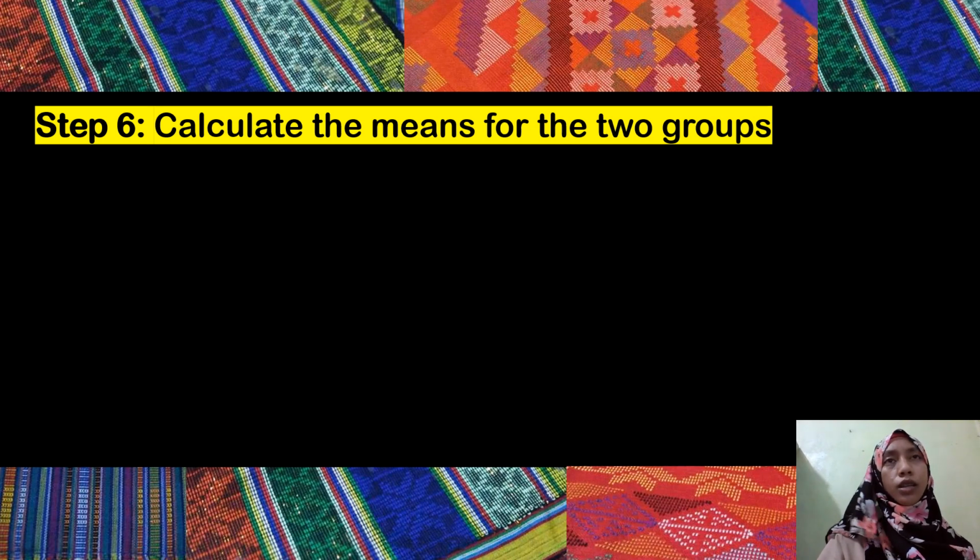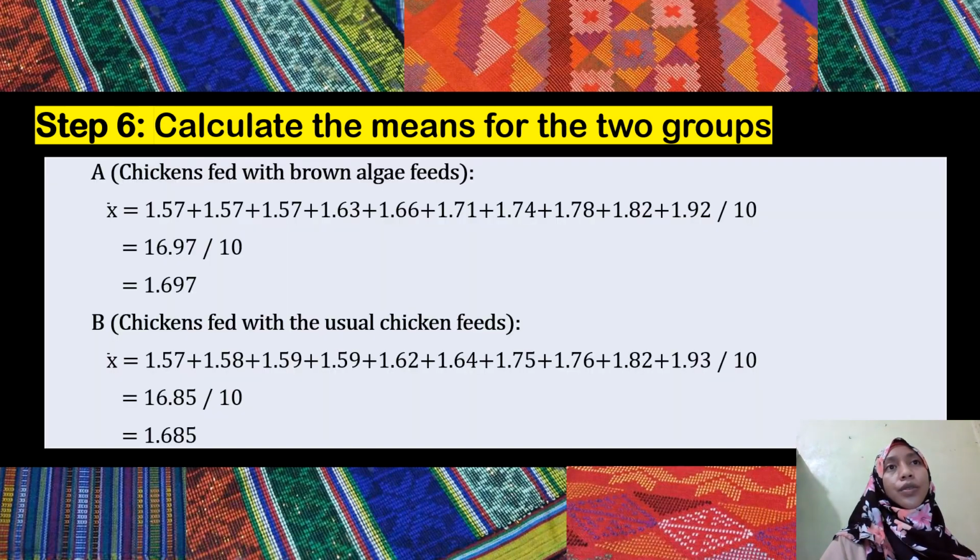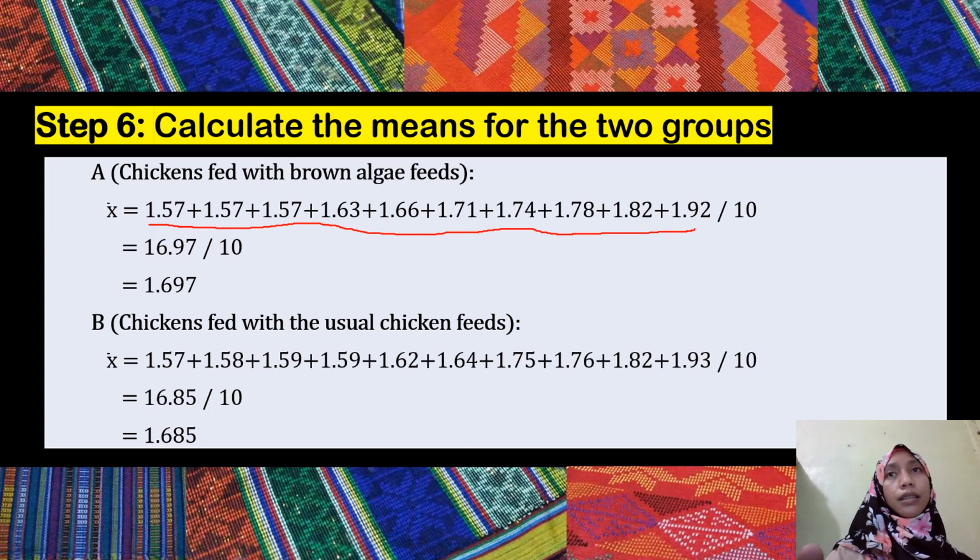Step 6 in running an unpaired samples t-test is to calculate the means for the two groups. So for group A, we simply add all of the weights of the chickens we've found in table 1 and then divide it by 10.